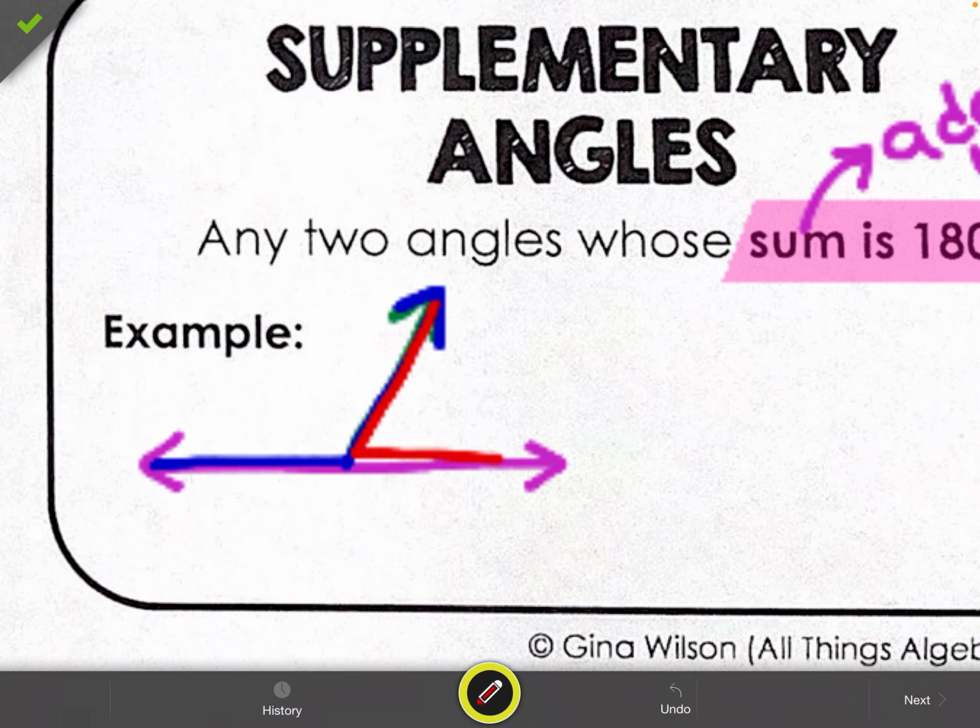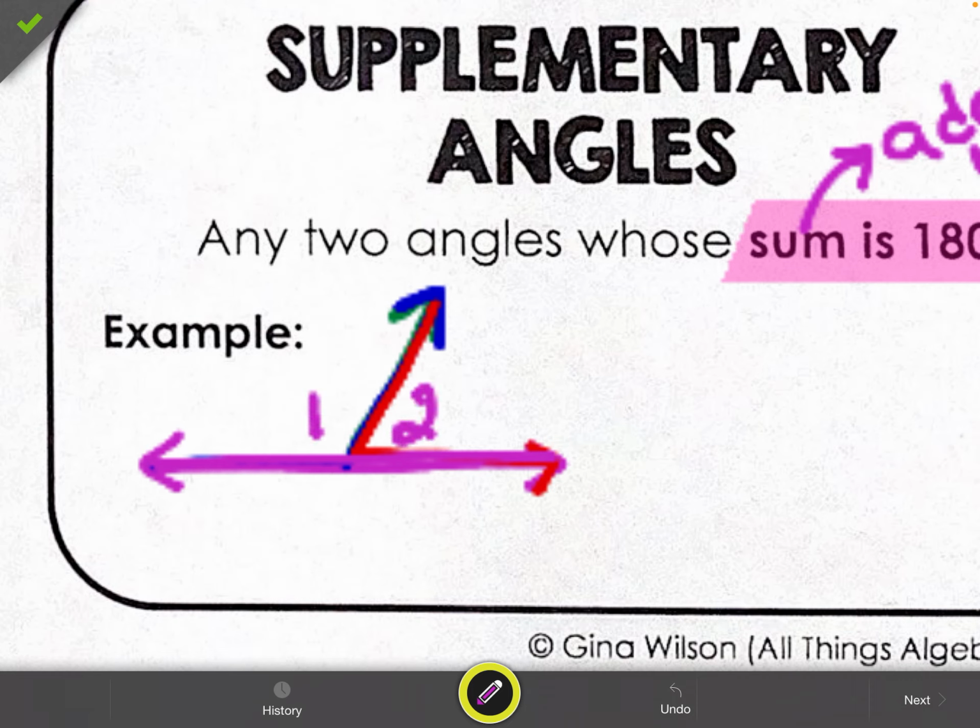This one that I am making red. Okay, now they are next to each other. Okay, you can see the red and the blue overlap. They share that side, so we would call them adjacent. But because they are next to each other and they create this straight angle right here, okay, in purple, then we say they are supplementary.